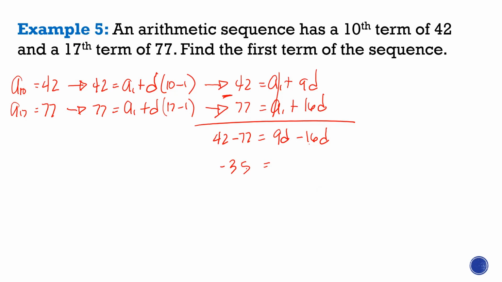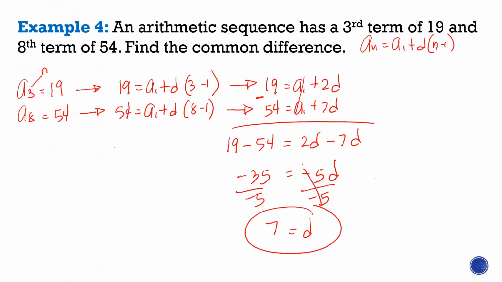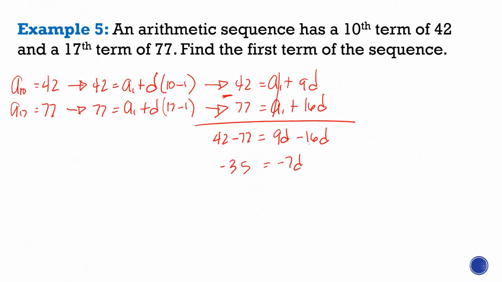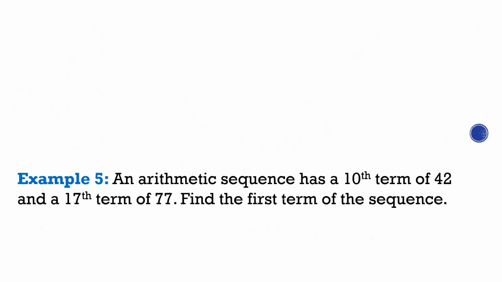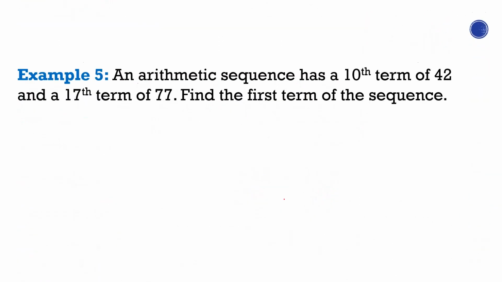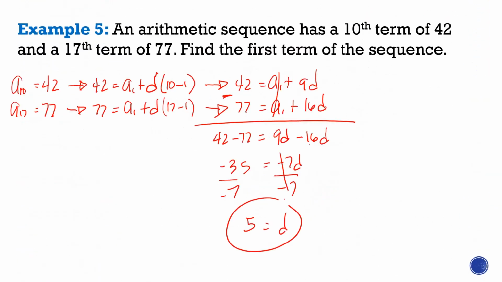And this is negative 7D. It's almost the same as the previous one. Divided by negative 7, our D is 5. Oh, it's 7 here, but this one is 5. I thought they were the same.